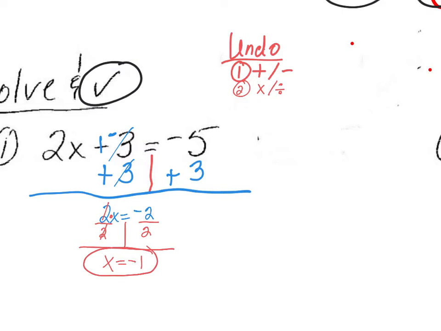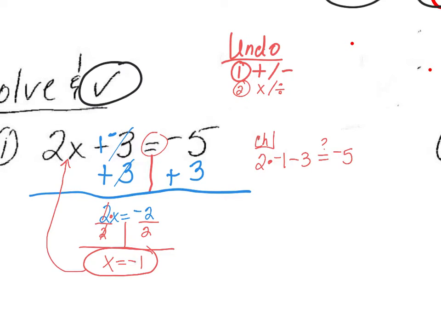How do I know if I'm right? I'm going to check it right back up there. Now, you guys, this is where the check becomes a little bit longer. I'm going to write down 2 times negative 1 minus 3. I want to know, is that really equal to negative 5?